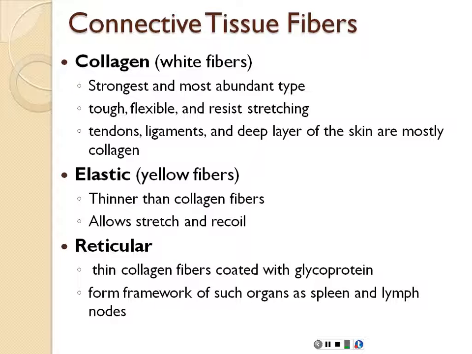All right, and a few things about fibers. Within the matrix of connective tissue, there are three types of fibers that you should be familiar with. Collagen fibers, you've heard of collagen. These are made of protein. All of the fibers are made of protein. Collagen is the strongest of the fiber types, and it's called white fiber.